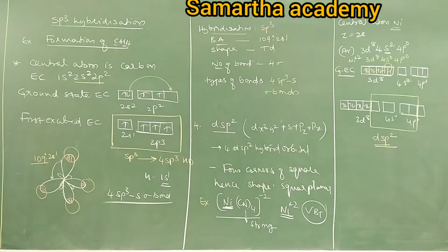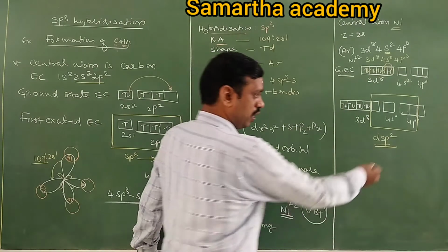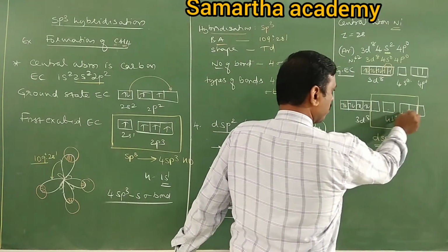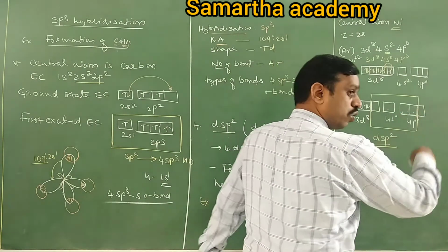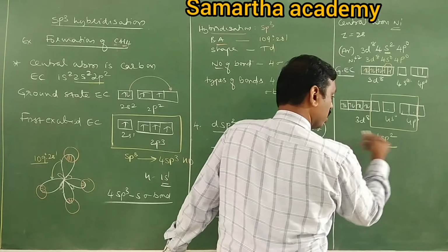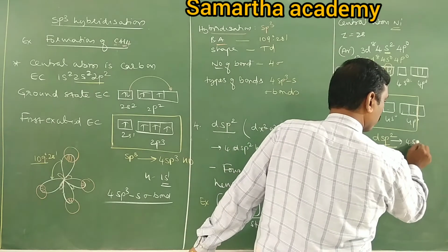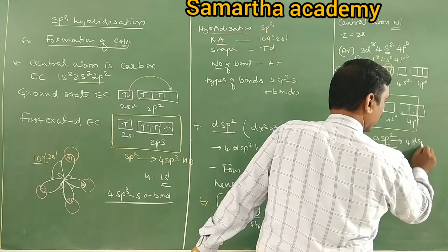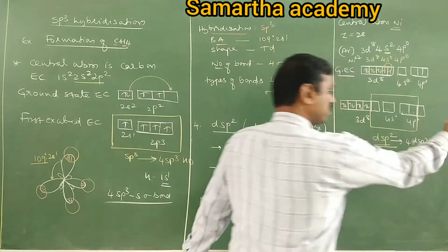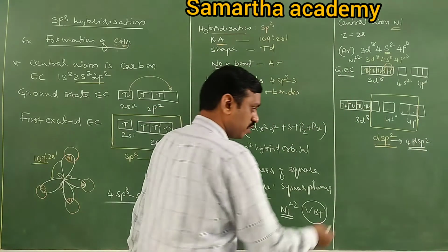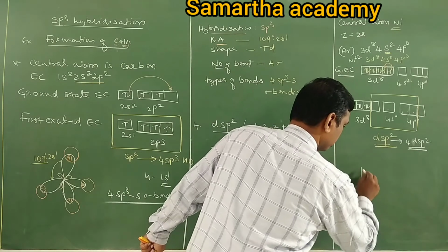This we study in coordination compounds. There are 4 orbitals that undergo hybridization. It forms 4 dsp2 hybrid orbitals. Where are they placed?